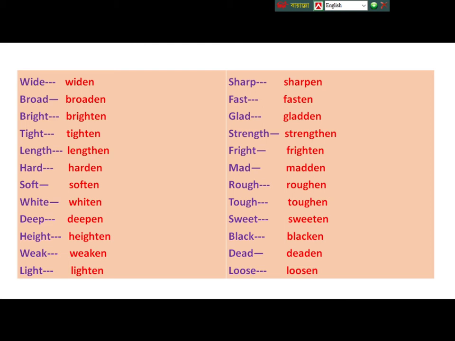Take a look at the words again. Let's move on to our next rule.